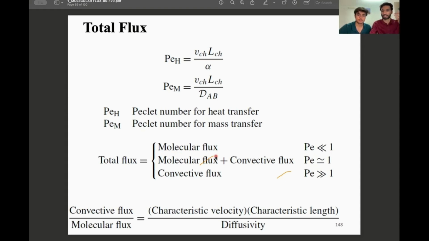If the Peclet number is greater than 1, there is more dominance of convective flux. So this was our dimensionless number when we took the ratio of convective flux to molecular flux, and we get our Peclet number for heat transfer and Peclet number for mass transfer, and we also now know the significance of this dimensionless number.